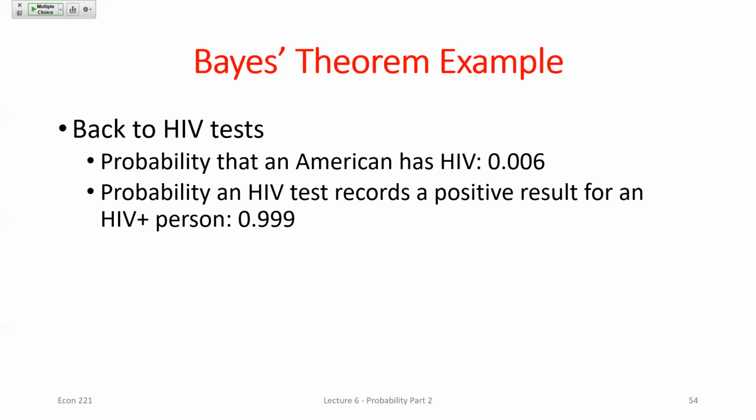Notice this is my state of nature, and this is the outcome of the test. So I automatically know that if I condition on that same state of nature, looking at individuals who are HIV positive, the probability that the test comes back negative would have to be what?